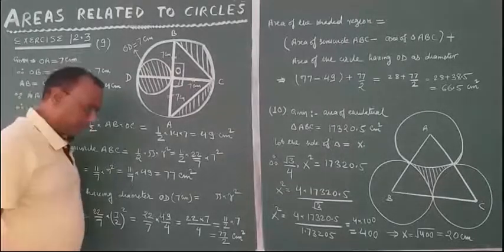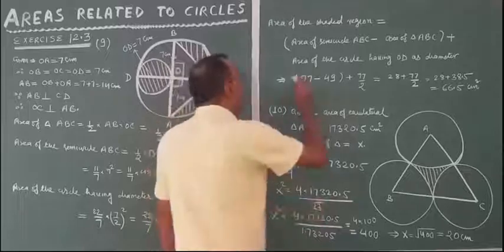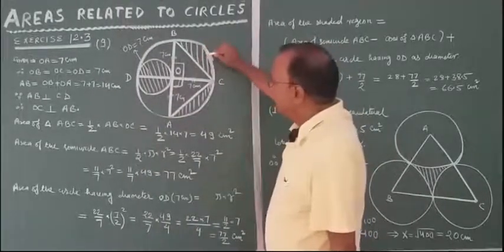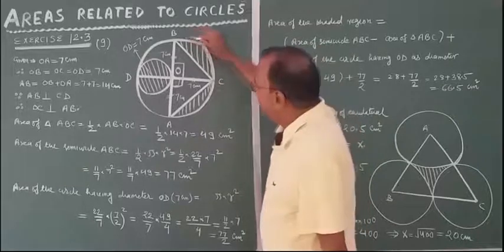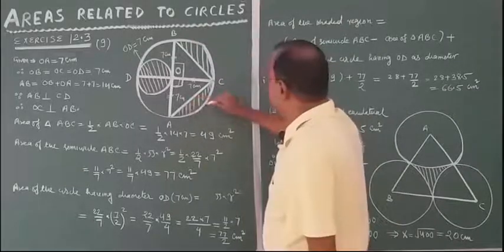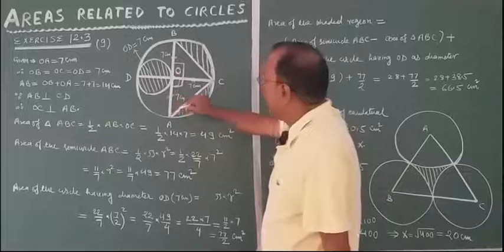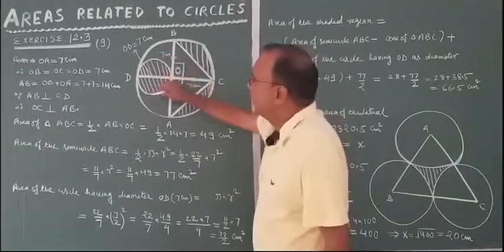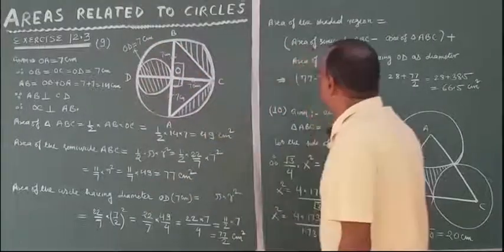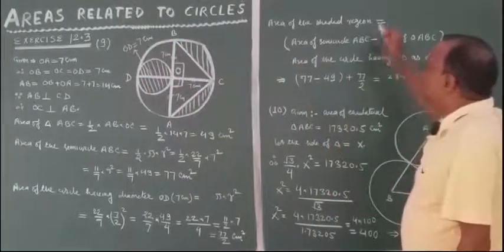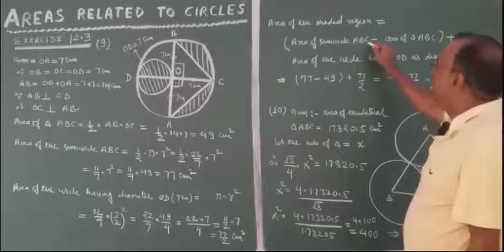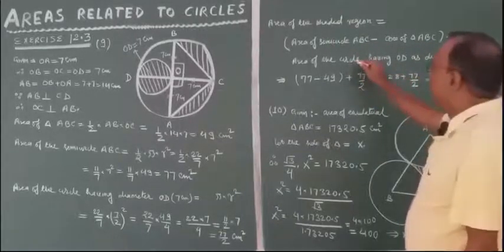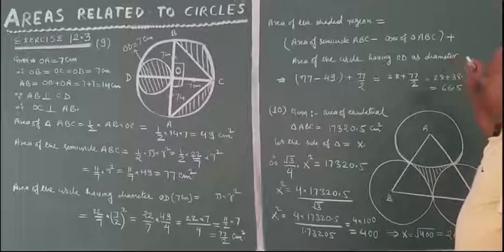Okay. Now the area of the shaded region. This is the shaded region. The area of the shaded region is the area of semicircle ABC minus the area of triangle ABC plus the area of the circle having OD as diameter.